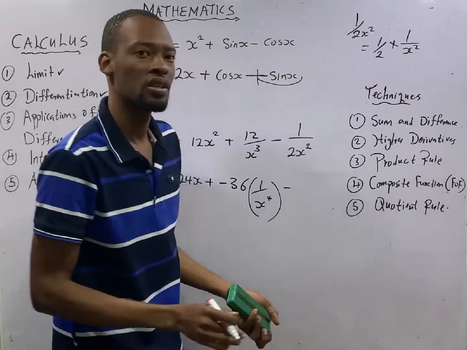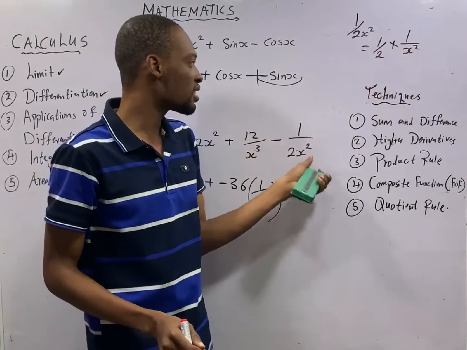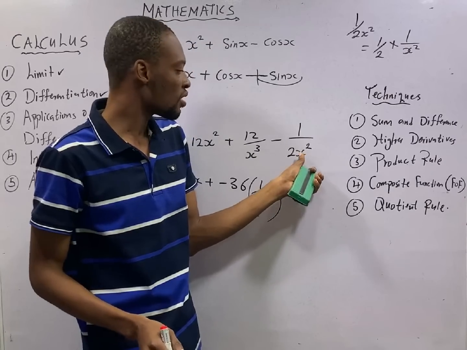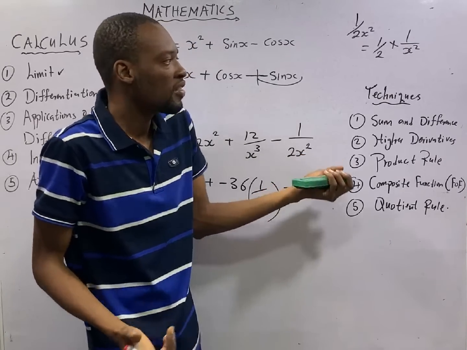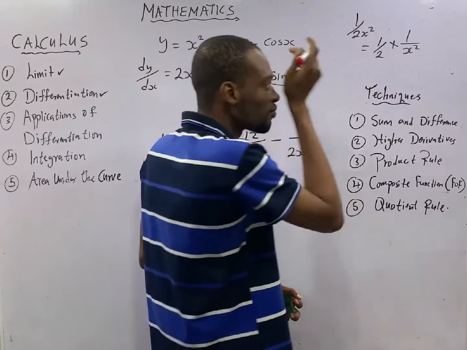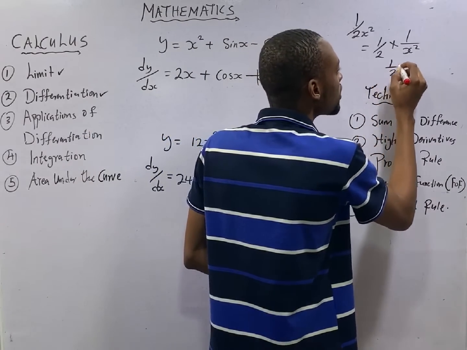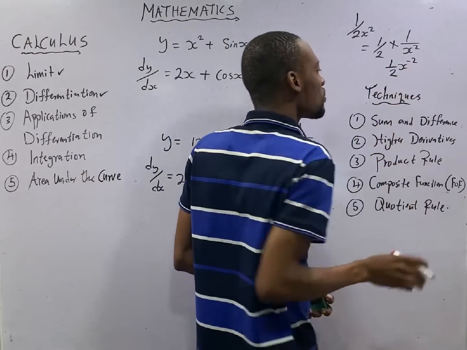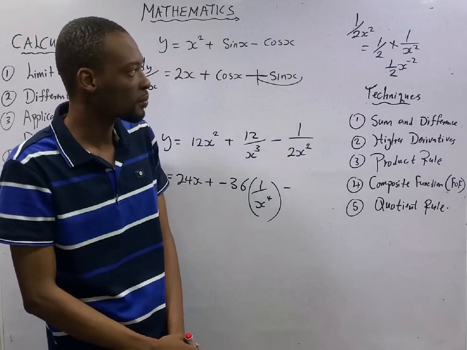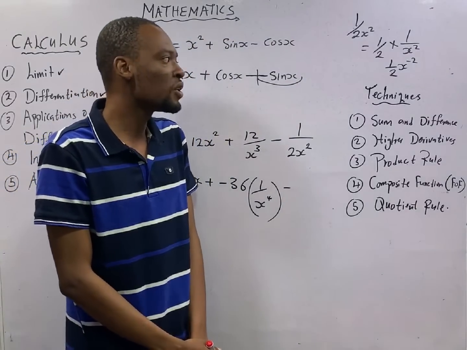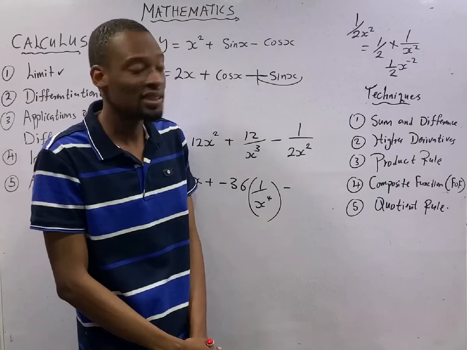Nothing really, because if you use this to multiply this is exactly what you get. If you agree with me, then this is the same thing as 1 over 2 times s raised to the power of minus 2. That is if you agree. You actually have no reason not to agree.